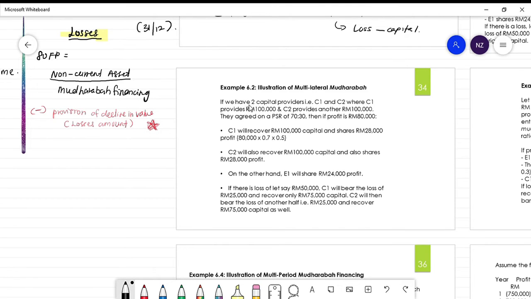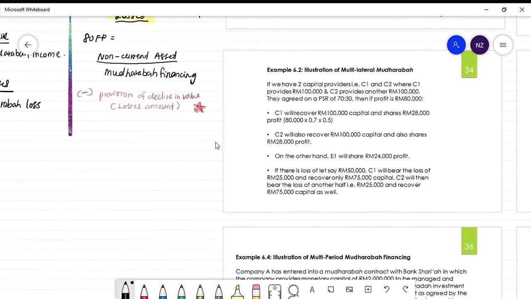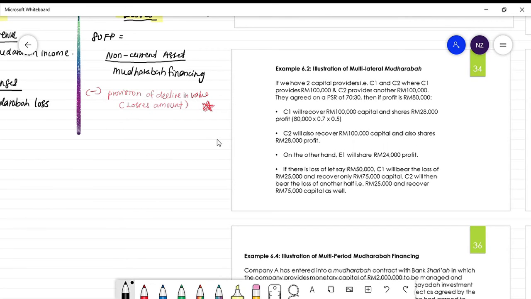Dia cakap if we have two capital provider C1 and C2, where C1 provide 100k and C2 provides another 100k. Okay, kita terus kisah kan. Dia ada C1 and C2. So C1 akan provide 100k, C2 akan provide 100k juga.